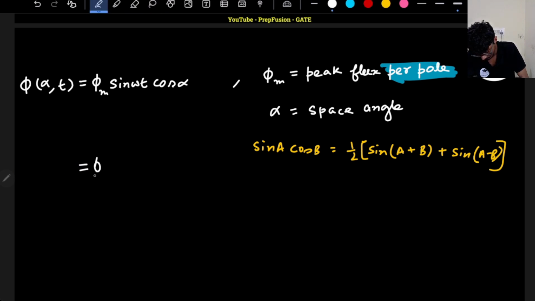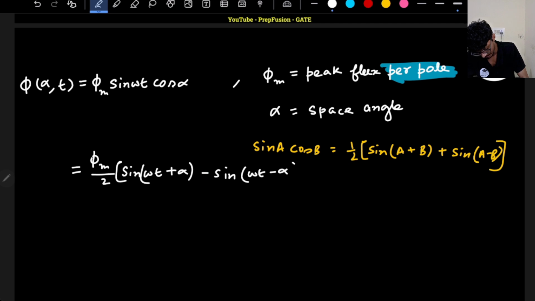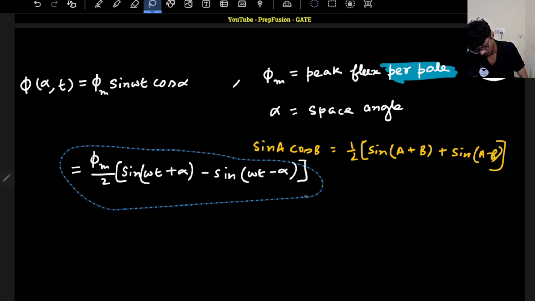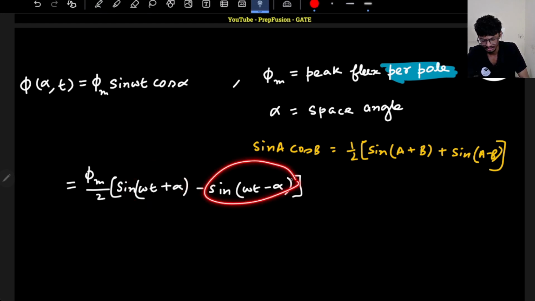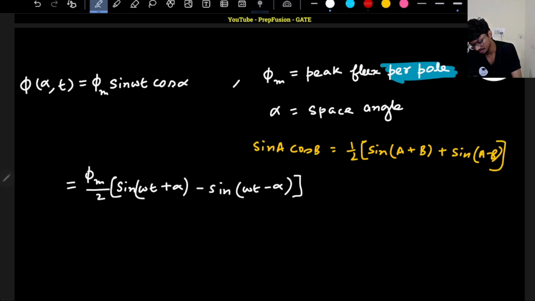So this will be phi m by 2 into sine omega t plus alpha, minus sine omega t minus alpha. Okay, so is this something familiar? Sine omega t plus alpha, sine omega t minus alpha, is this something familiar? Yes, if you remember, this was something familiar, right?